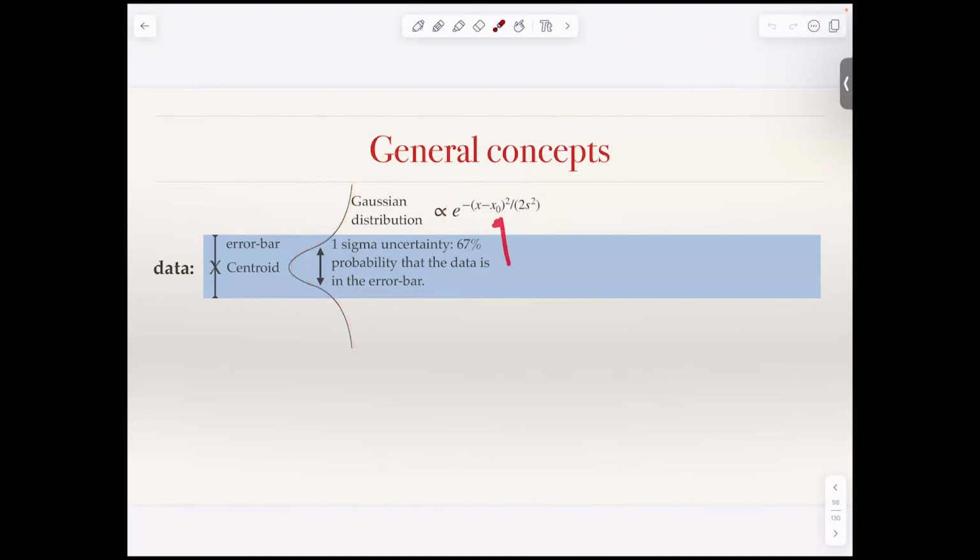So the x0 is the centroid, and the s is the width of your distribution. Okay, and if you say, well, my width represents 1 sigma deviation, it means that if you integrate your probability in this region, then you will have 67% of the whole probability. Okay, and 2 sigma is 95%, and so on and so forth.